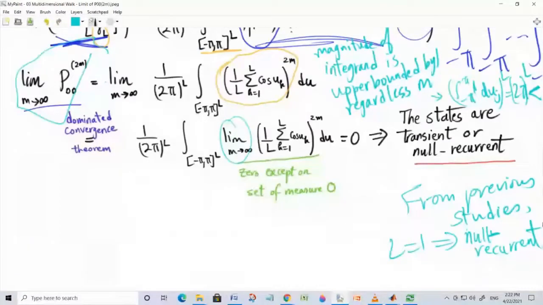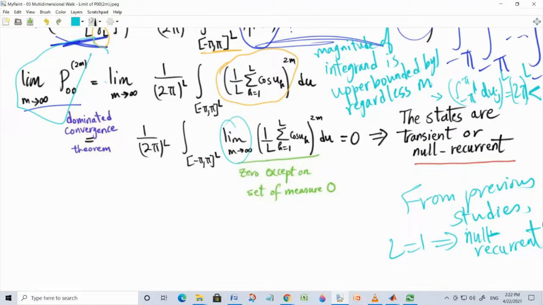But our ambition now is to basically give me an L, and I will tell you whether the states are null recurrent or transient. The states are, for a simple walk, we prove this.